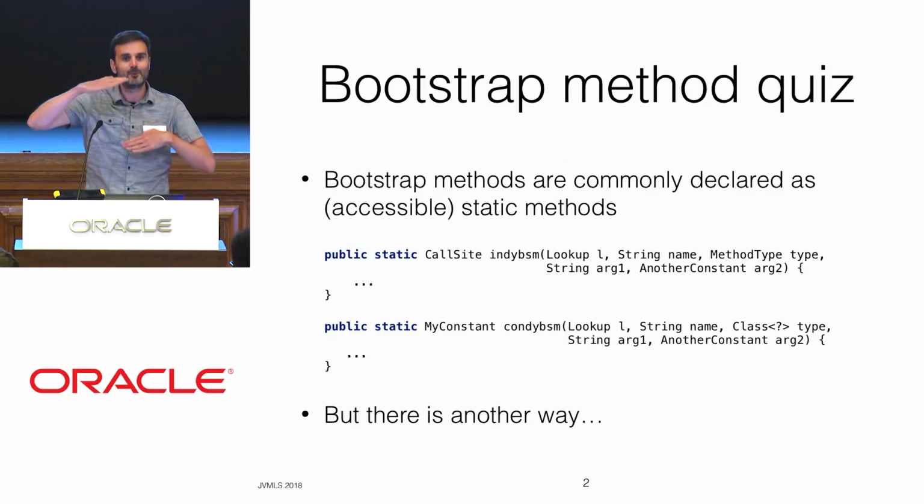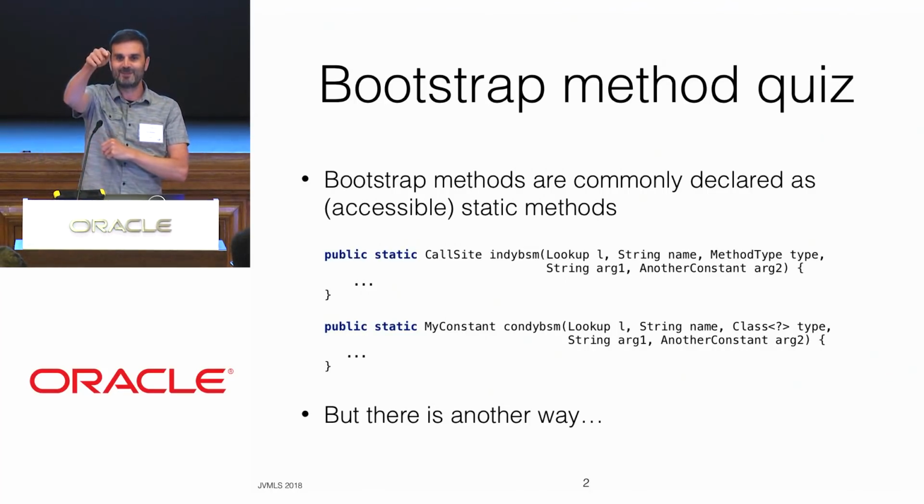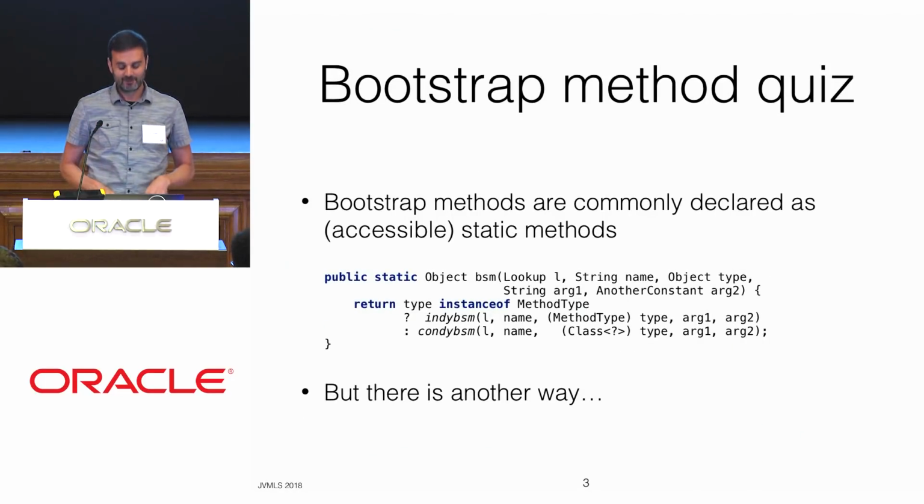So just before I get on to the real question, I want to ask another question. How can we merge those two, the indy and condy BSM together? Is that actually possible? So I can have one Bootstrap method for a condy and an indy? Anybody? Yeah, I knew Remy would be there. So we can merge it together, and we can just replace the third parameter with object if we want to. It's kind of yucky.